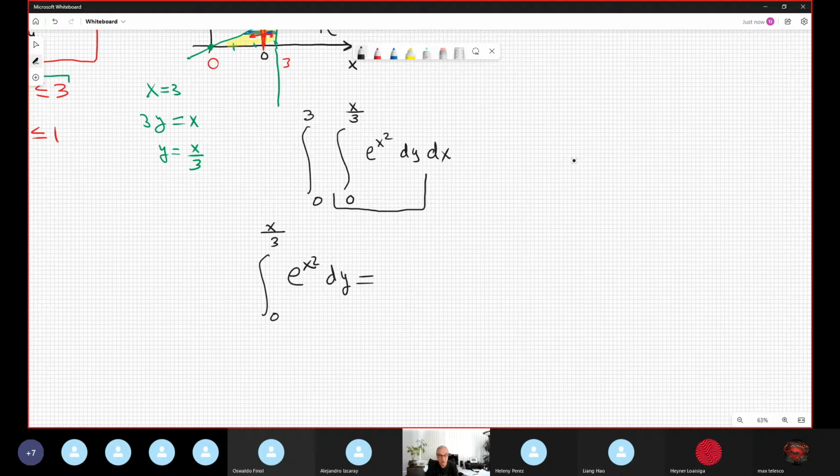You consider it constant and you put it outside. And you integrate dy with respect to y, evaluating between 0 and x over 3. Entonces es e to the x squared times x over 3 minus 0. And so far we have x over 3 e to the x squared.